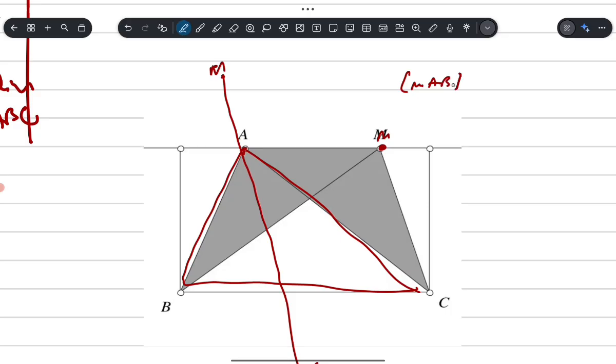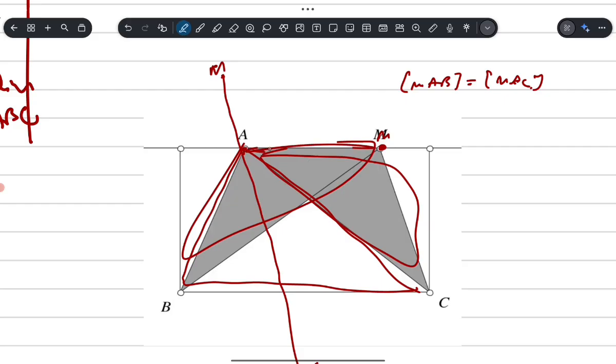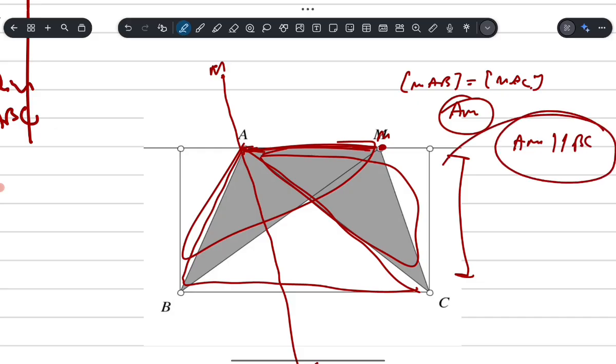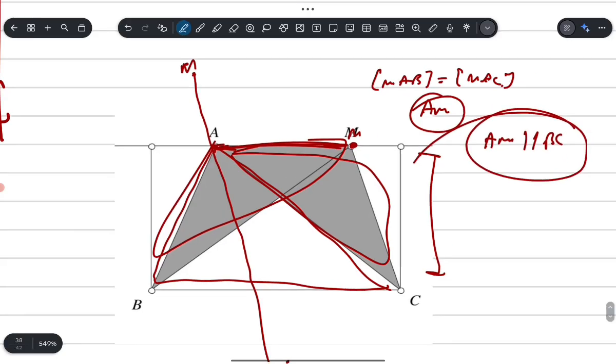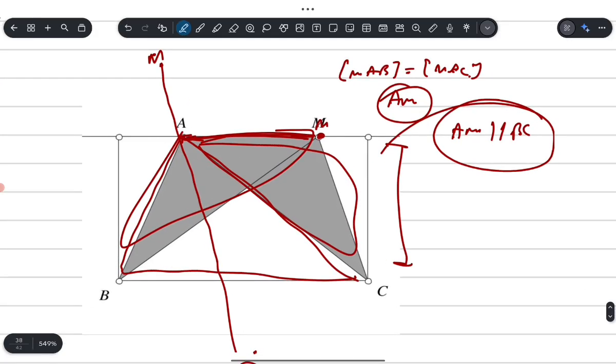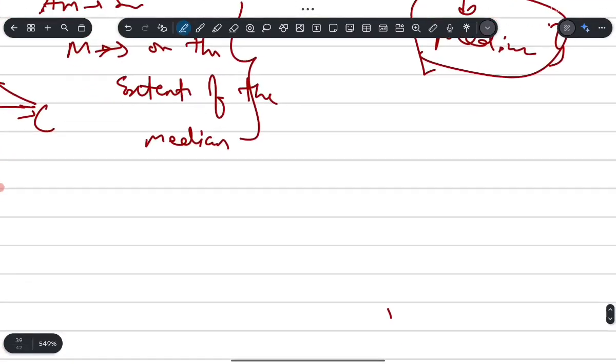MAB equals MAC. These two share the same base, that is AM. These two triangles need to lie in the same parallel in order to have the same area. That means AM needs to be parallel to BC, right? Perfect.